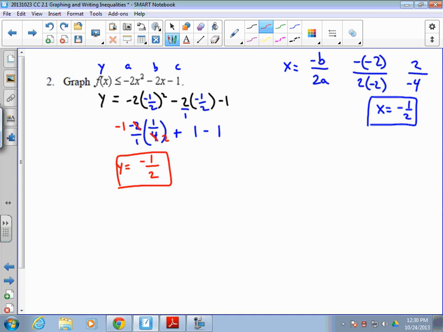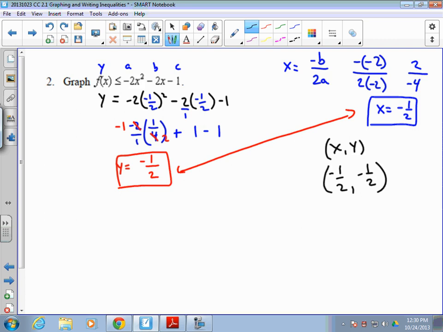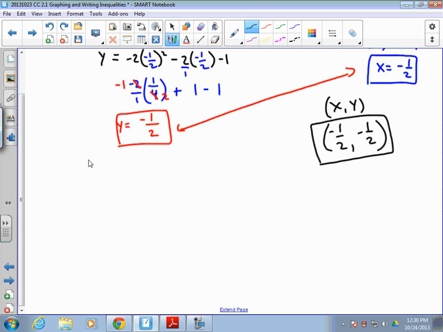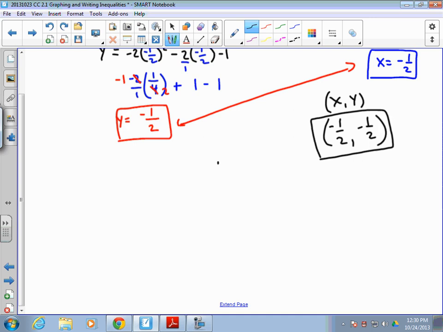When we put both of these together, they give us the vertex of our quadratic function. Your vertex is x comma y. X is negative 1/2. Y is negative 1/2. So you graph that as your vertex. We know that this picture is going to open down since a is a negative value, so we don't need to show anything above negative 1/2.